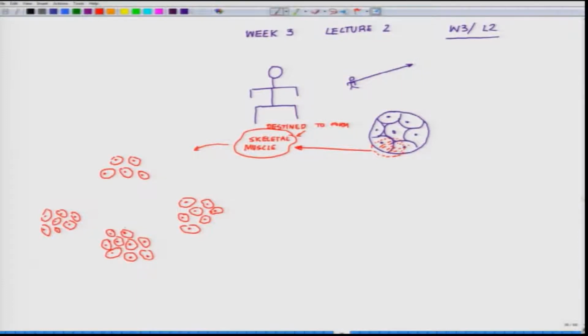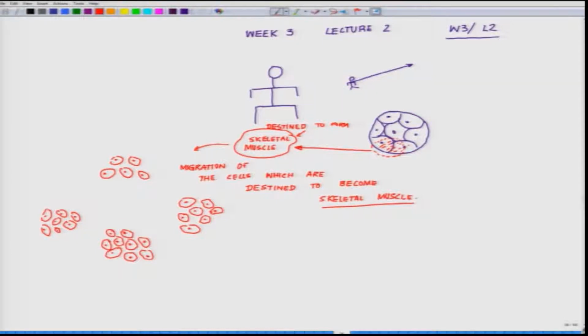So they have migrated, and the first level is migration of the cells which are destined to become skeletal muscle.